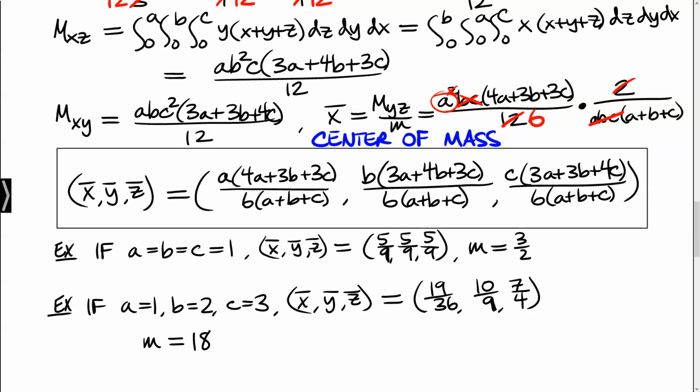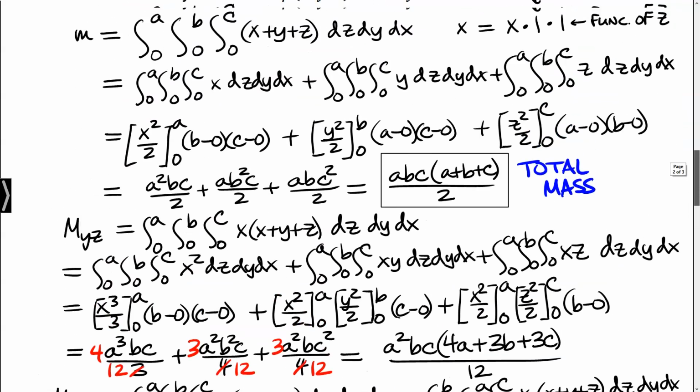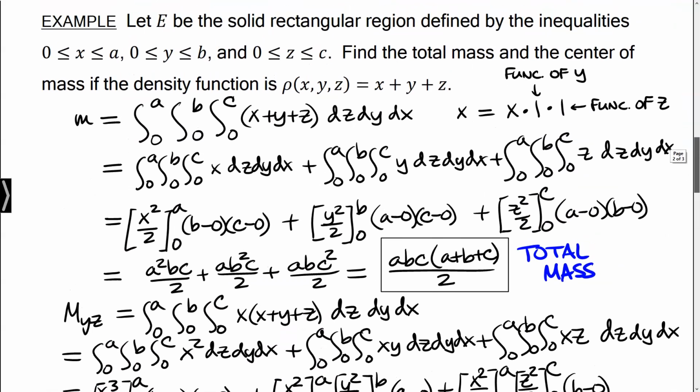So one thing to maybe notice in this problem, when you have a problem like this that's highly symmetric, so notice x plus y plus z, the density function is completely symmetric in x, y, and z. It's almost easier sometimes to find a very general answer.